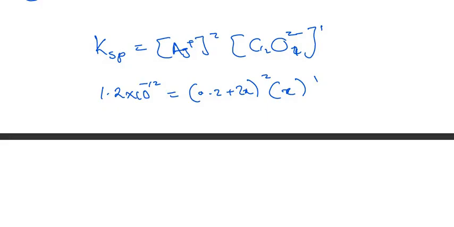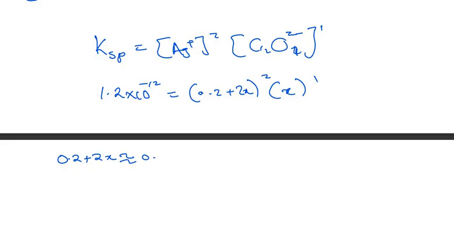This is going to be a whole quadratic, though we can do our assumption again. Our assumption can still be that 0.2 plus 2x is approximately 0.2, to avoid the quadratic. But if you want, you can expand this and solve for x. It will be a quadratic to get two answers. If one is positive and one negative, you take the positive one. If they're both positive, you take the smaller one.